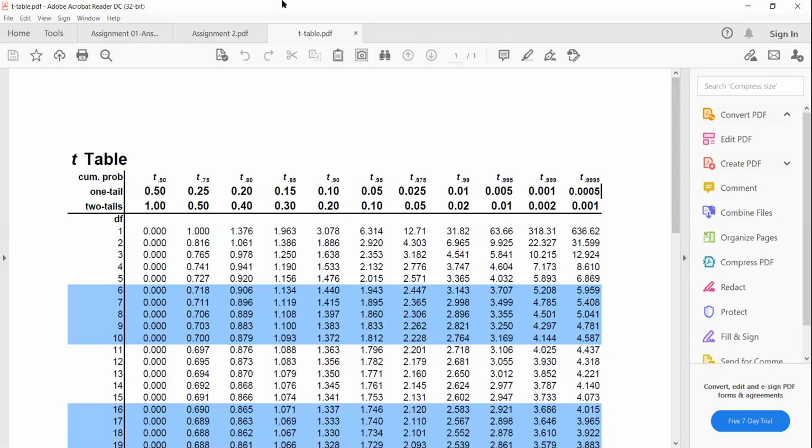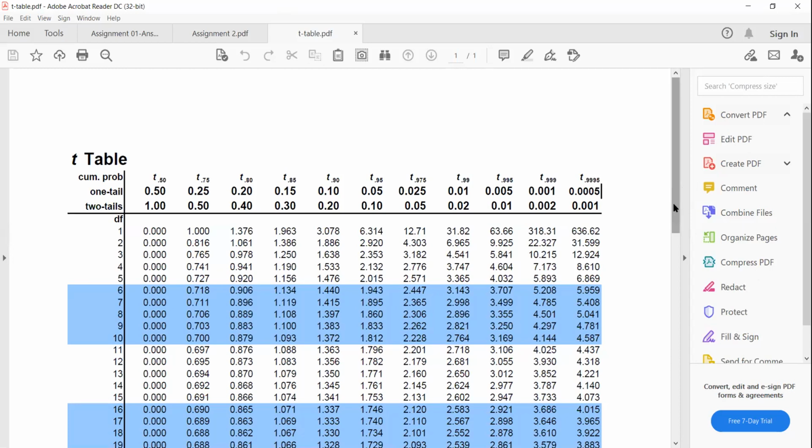Right, I think you can see the t-table now. Can you all see it? Yes, madam. Yes. Okay, right.